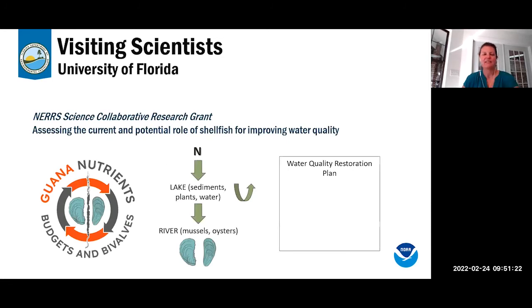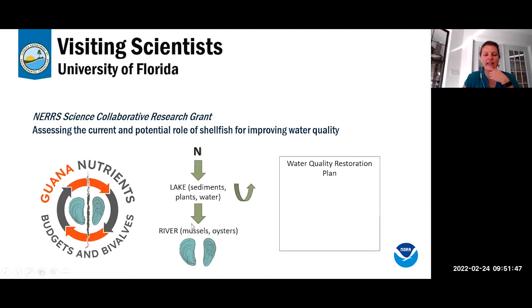And then next steps specific to Iguana River is actually the first example of visiting scientists research. We're working with University of Florida on a 3-year grant from the Nurse Science Collaborative, looking at basically how nitrogen moves into Iguana Lake, within Iguana Lake, and out of Iguana Lake.